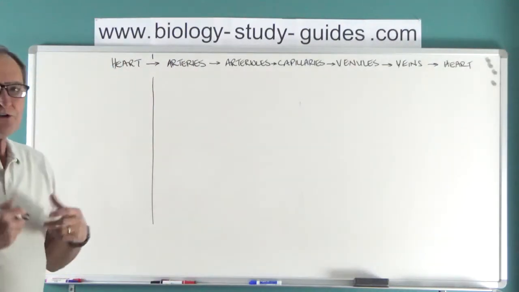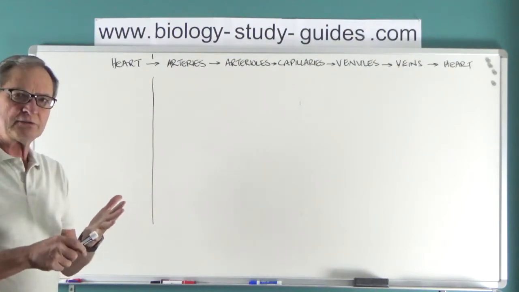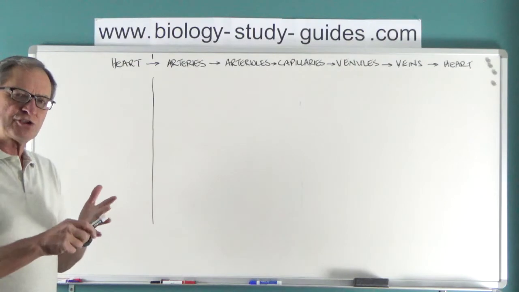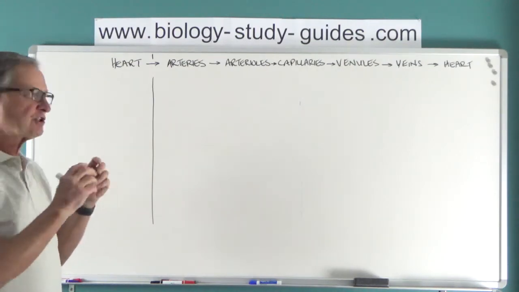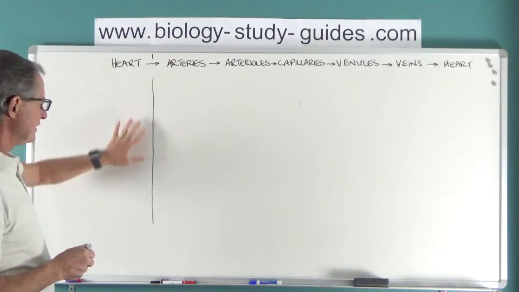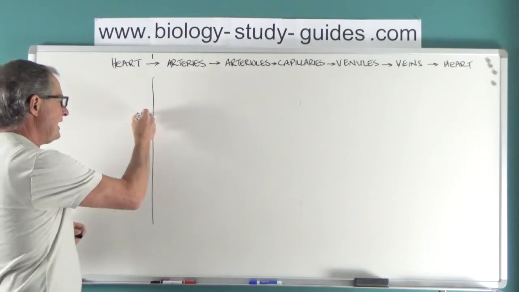The differences I'd like to consider in this video are differences in blood pressure, the speed at which the blood is traveling, and the surface area of the blood vessels as it goes through the body. This is the beginning of a graph, and I can't put any numbers on here.